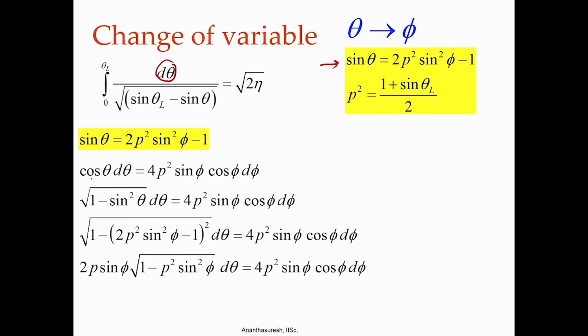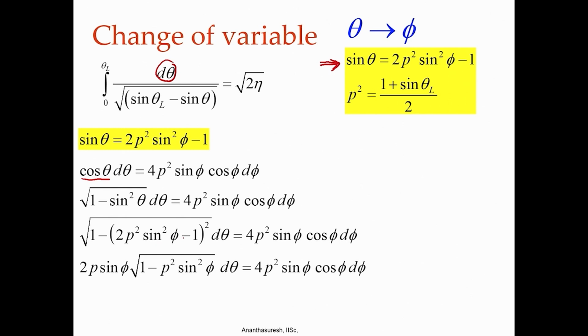So, we have first taken this equation, differentiated with respect to theta, cosine theta times d theta, 4 p square sin phi cosine phi d phi, and cosine theta is written as square root of 1 minus sin square theta, and then the right hand side remains the same, and then for sin square theta we substitute this equation for sin theta.